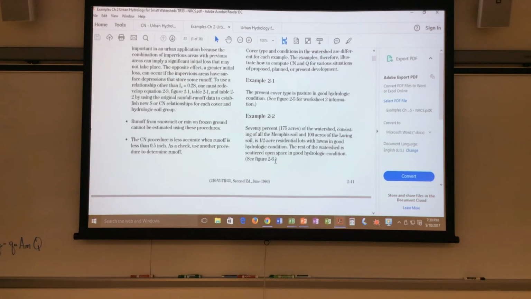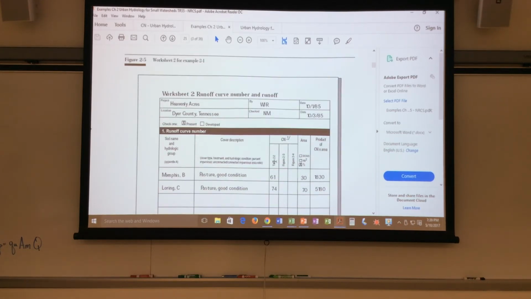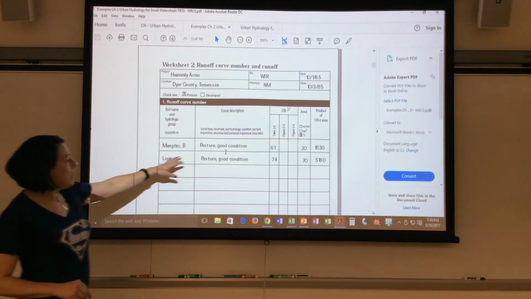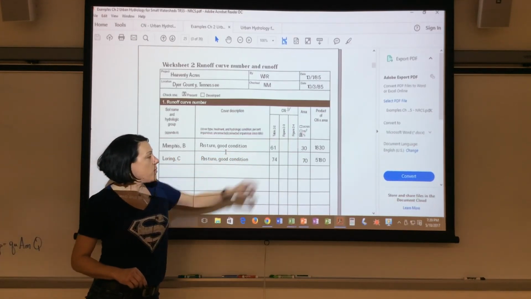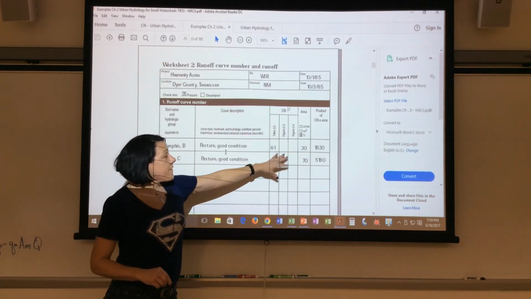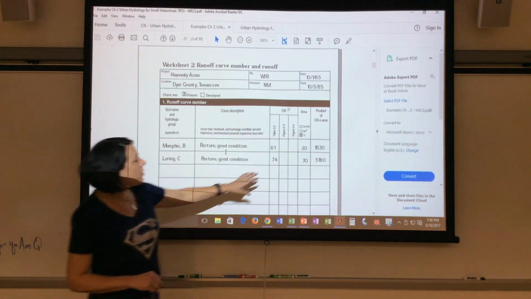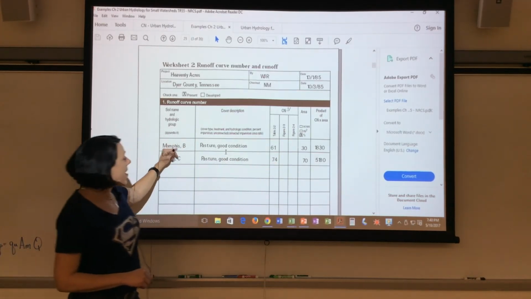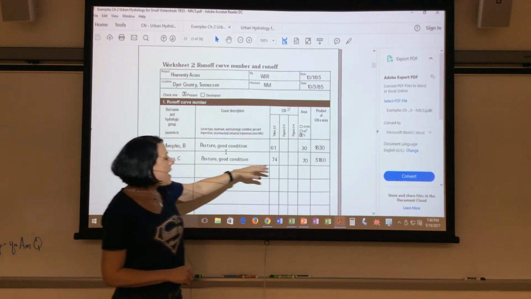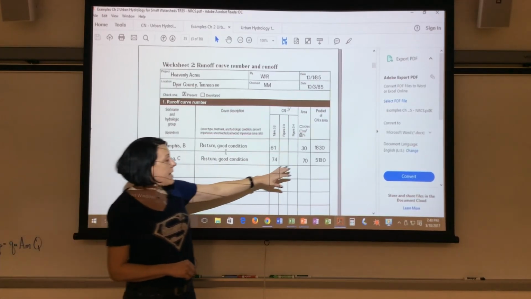So if you look at the examples listed, here's example 2-1. The soil type was B, the pasture was in good condition, so the curve number was 61. And then it says, okay, out of 100 acres, 30%, or whatever acreage, 30% of it was a pasture, soil type B, so it drains pretty good, and a 74 for a pasture with soil type C, and that's 70%.